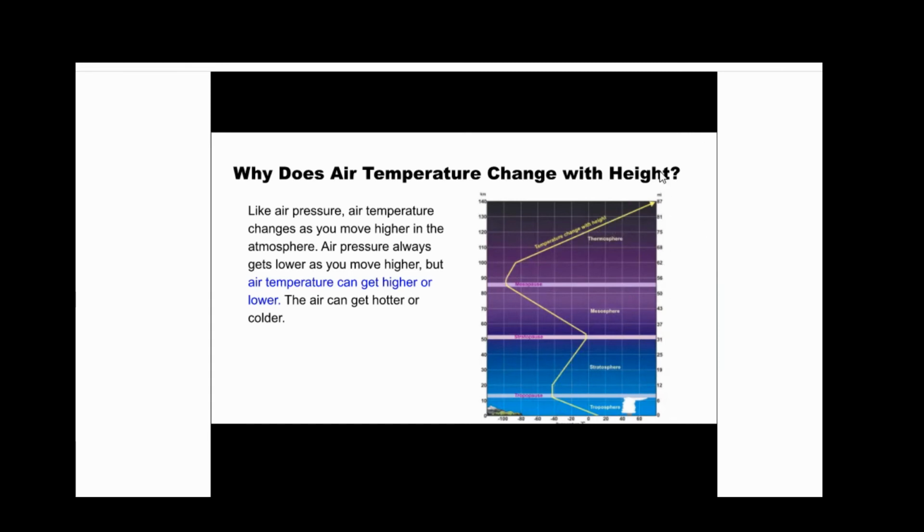So this end over here is hot, this end over here is cold. So as air pressure is going to decrease in a roughly straight line all the way up, temperature can change a little bit, and it zigzags through our layers. Temperature does have a small effect on air pressure as well.